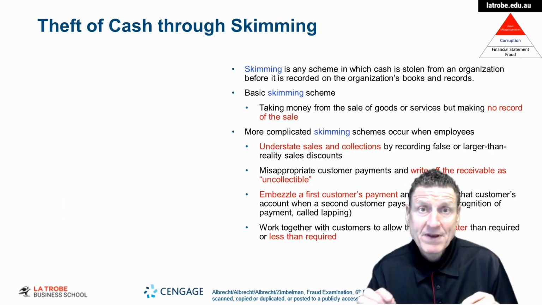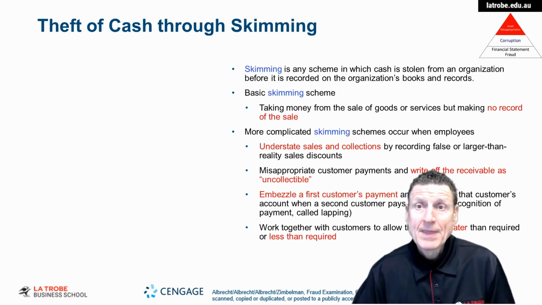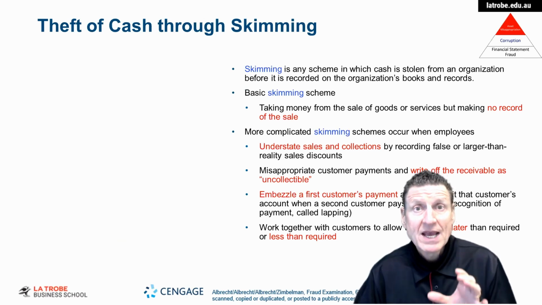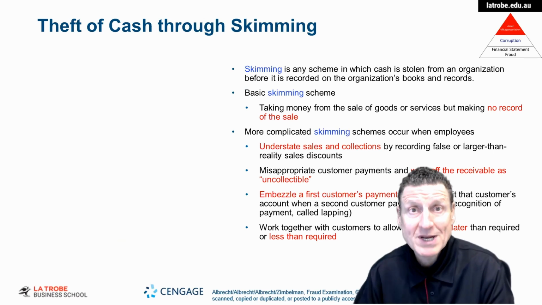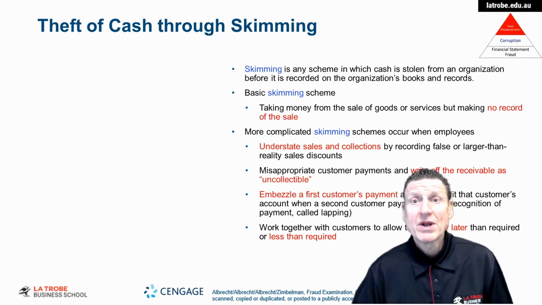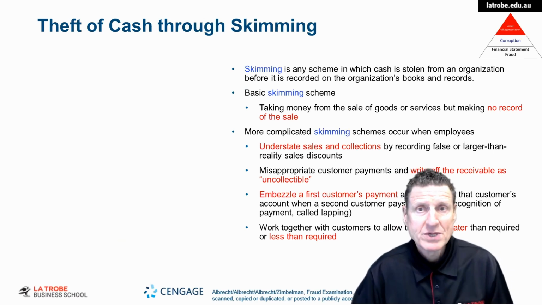If we look at the theft of cash through skimming, as it's defined in the textbook, it is any scheme in which cash is stolen from an organization before it is recorded on the organization's books and records. The basic skimming scheme is taking money from the sale of goods or services but making no record of the sale.